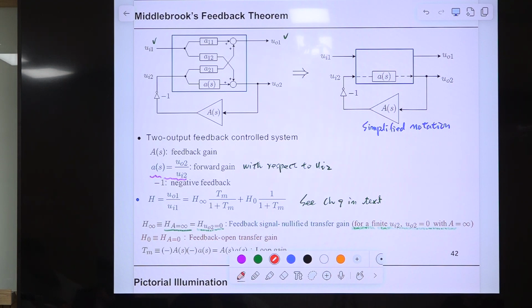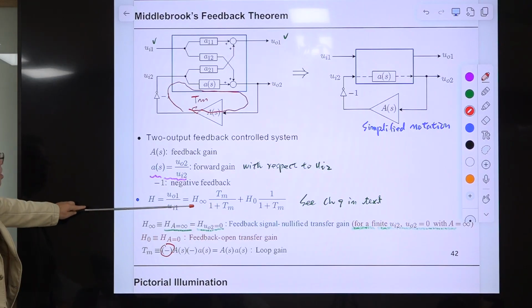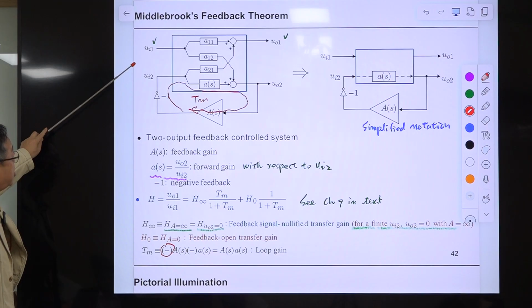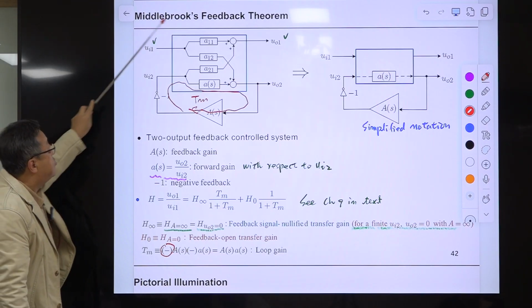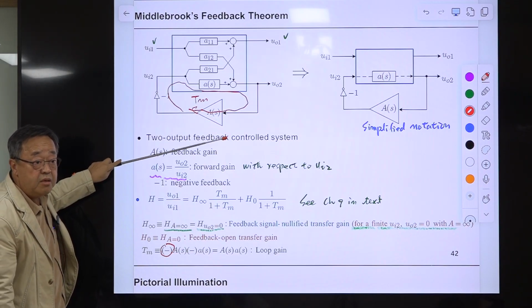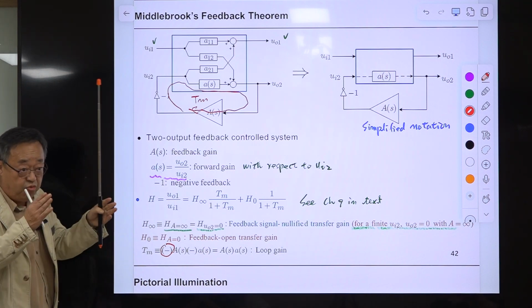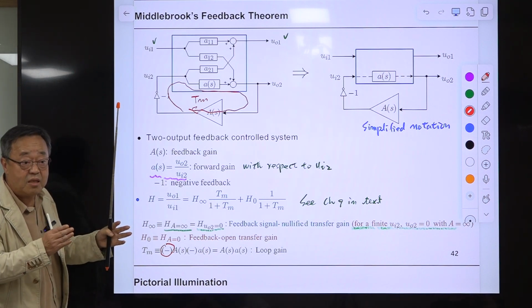So this is the loop gain Tm, with this additional minus in front, so this loop gain becomes a positive quantity, right? And H infinity is the transfer gain from here to there with this AS becoming infinity. So it is scary, it's not easy dealing with infinity. That is not true.